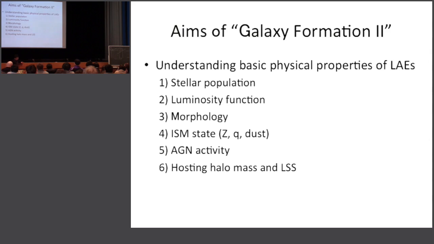The next section is the observations and observed properties of Lyman-alpha emitters: stellar population, luminosity function, morphology, ISM state, AGN activity, hosting halo mass, and so on. Here I just want to go through the stellar population.